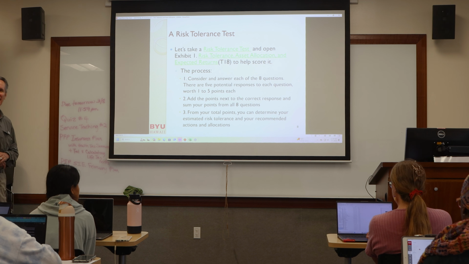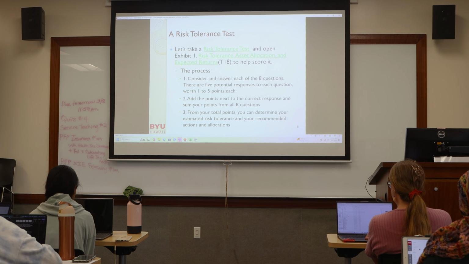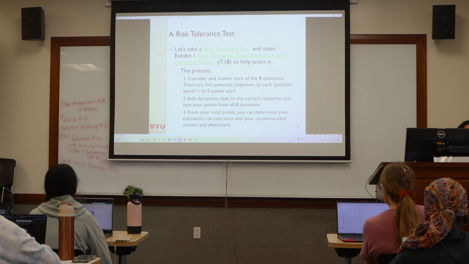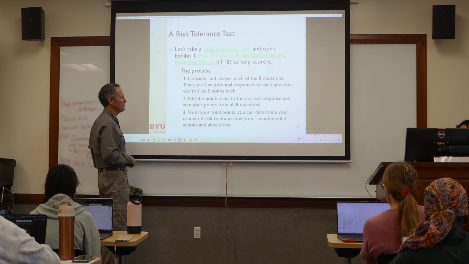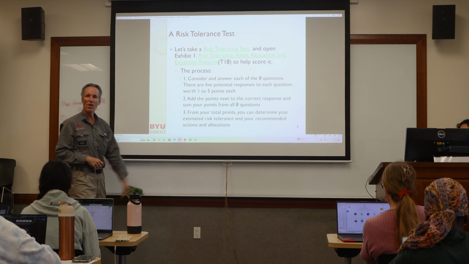So today we're going to do a risk tolerance test. I need everyone to download Tool 18. Each question has five potential responses worth 1 to 5 points. At the end, you add up the points, and from the total you can determine your level of risk.